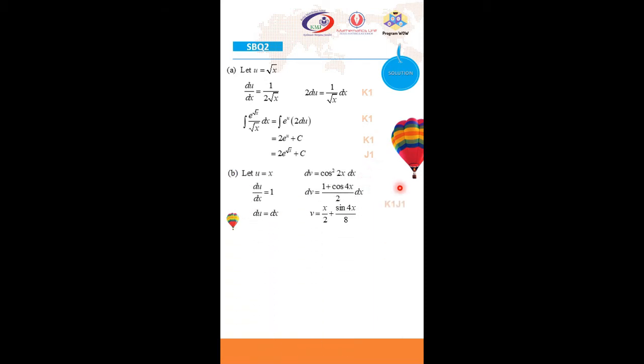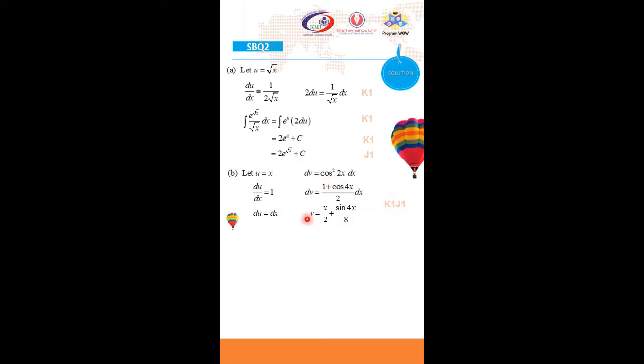And then for part B, which is the integration of x cos squared 2x, you have to use integration by parts, where x will be u and cos squared 2x will be dv. Determine the correct u and dv, 1 mark.